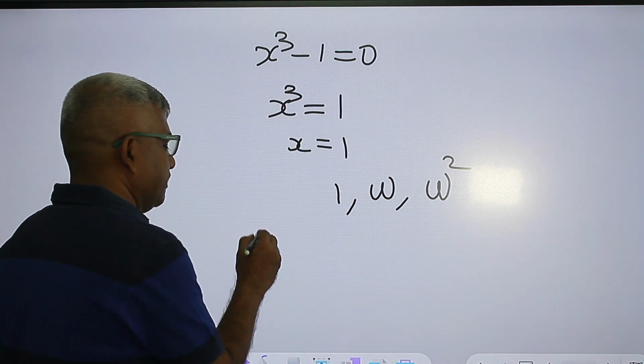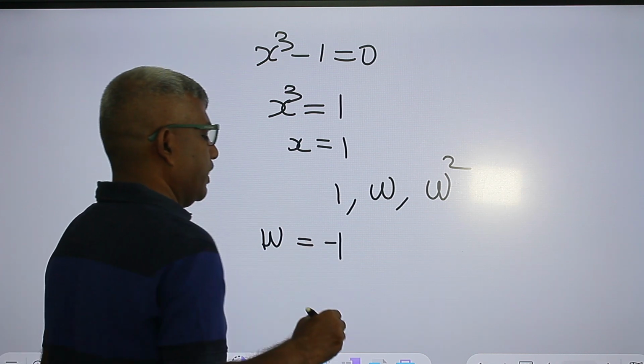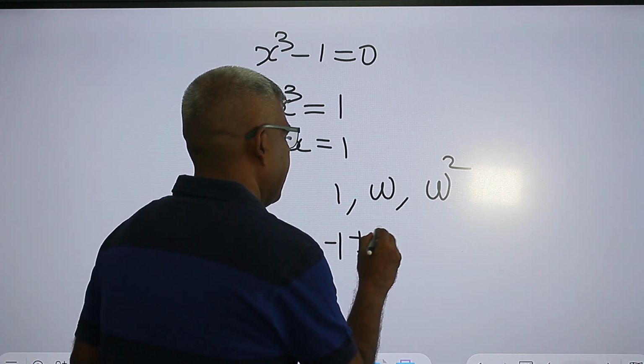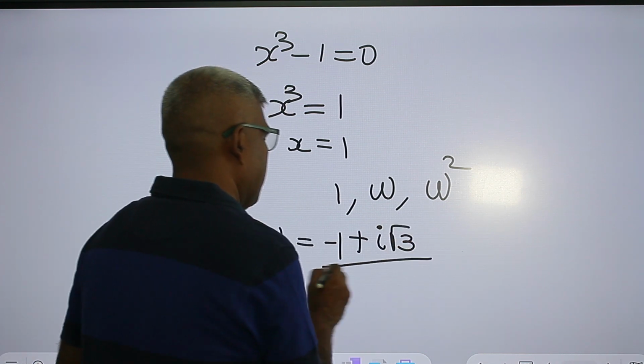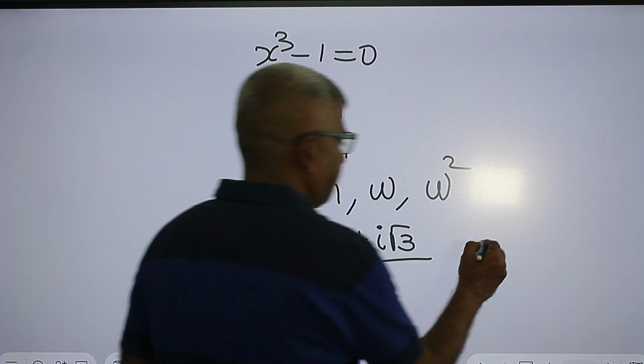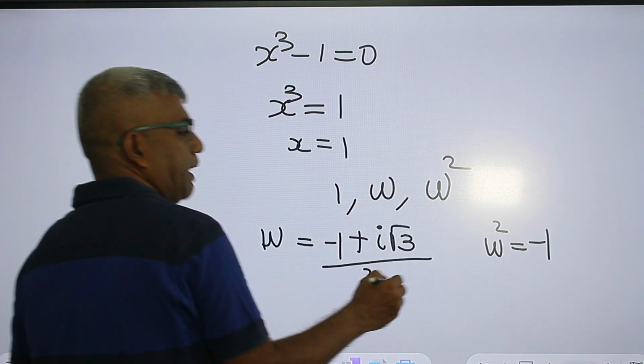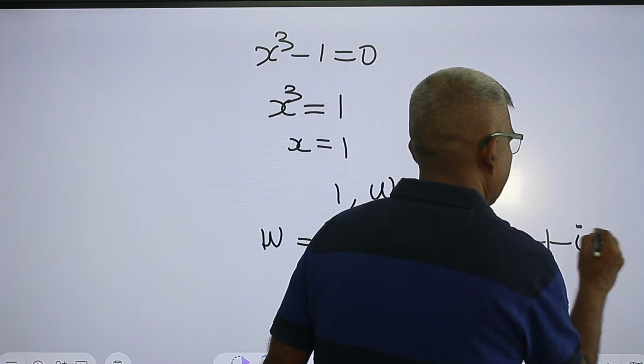What is the omega value? Omega value is minus 1 plus i root 3 by 2. Omega squared value is minus 1 minus i root 3 by 2.